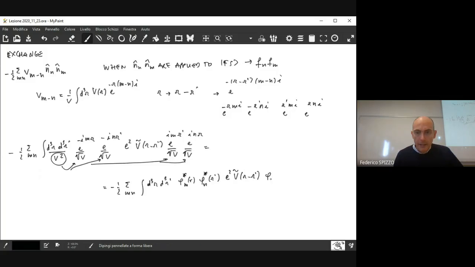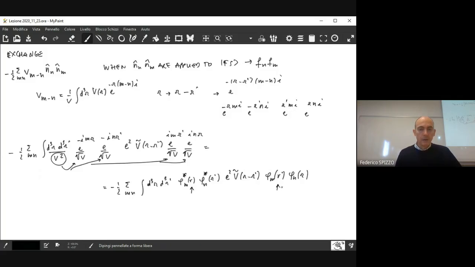Then I have phi of m in coordinate r prime and phi of n in position r. And please note here that on this side the wave function corresponding to level m is evaluated in position r, and on the other side the same wave function is evaluated in position r prime.